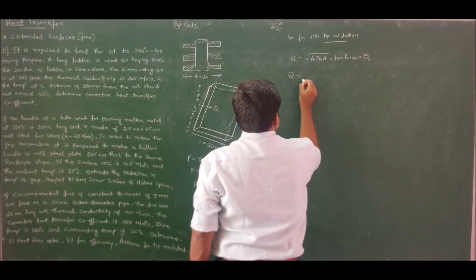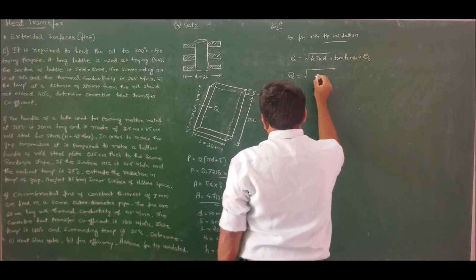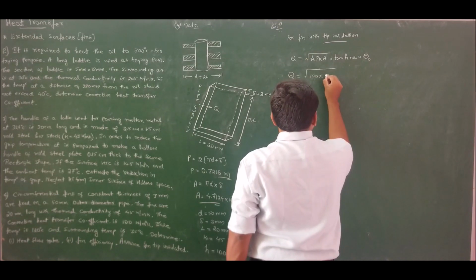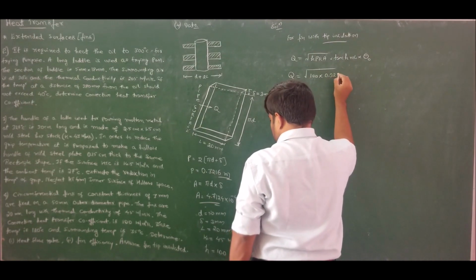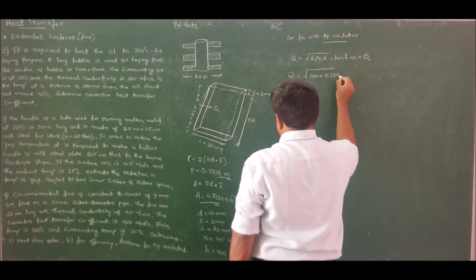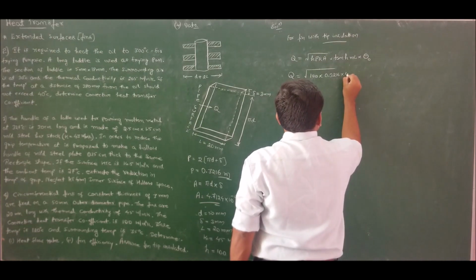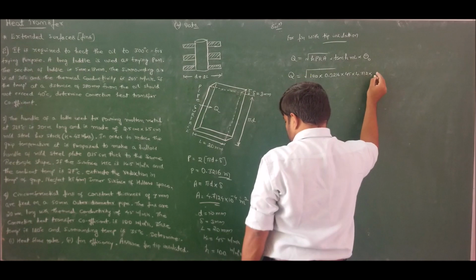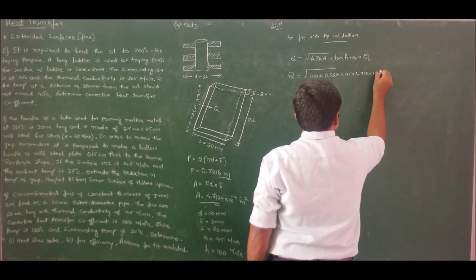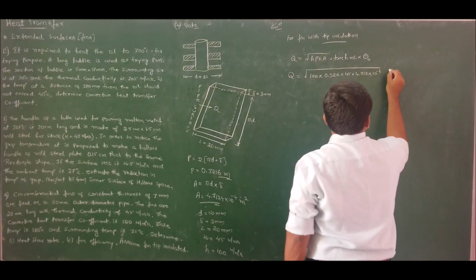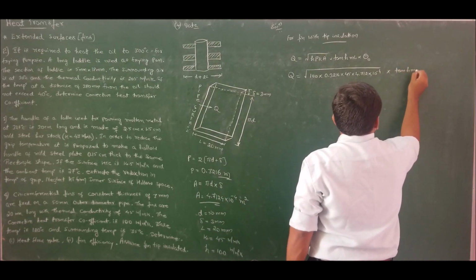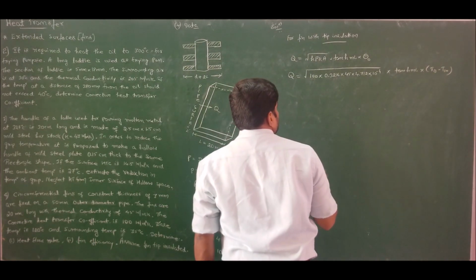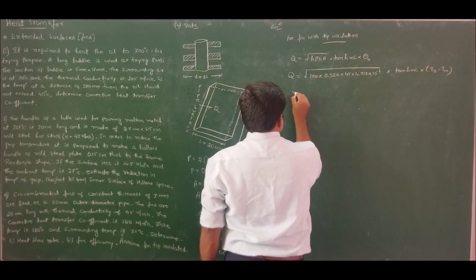So Q is equal to root of h is 100, perimeter P is 0.3216, thermal conductivity is 45, cross section area is 4.712 into 10 to the power of -4, all under the root, into tanh(mL) into (T naught minus T infinity). Now I don't know the value of m. Let me calculate it.